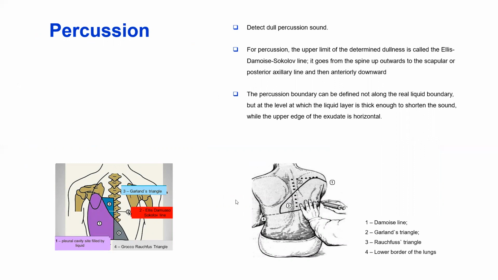As for percussion, the upper limit of the determined dullness is called the Ellis-Damoiseau-Sokolov line. This, in the right image, is the Ellis-Damoiseau-Sokolov line in a patient with right-sided pleuritis, and the left image shows the line in a patient with left-sided pleuritis.